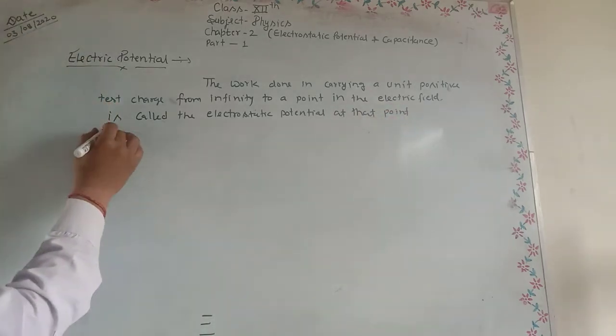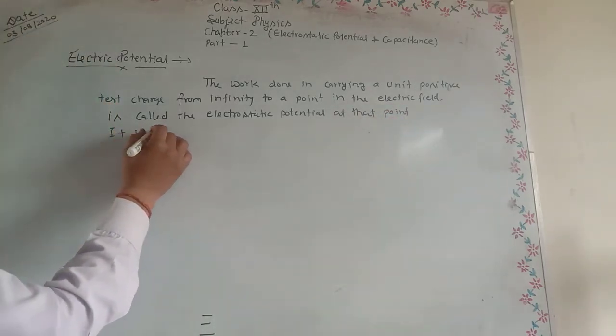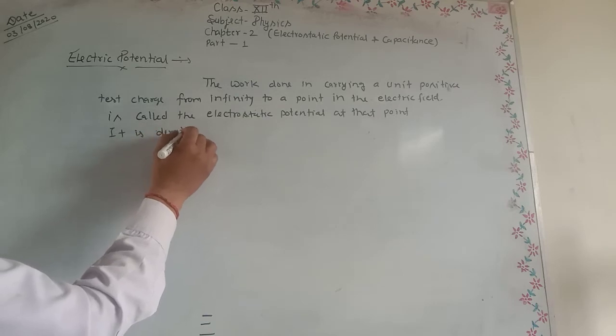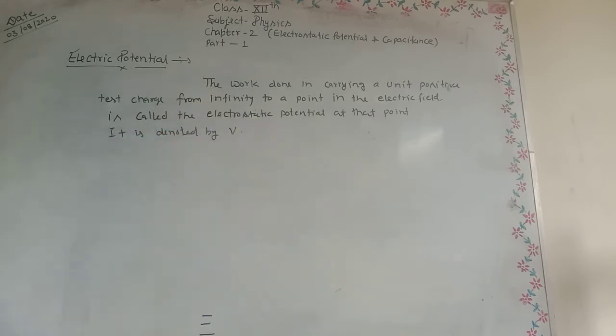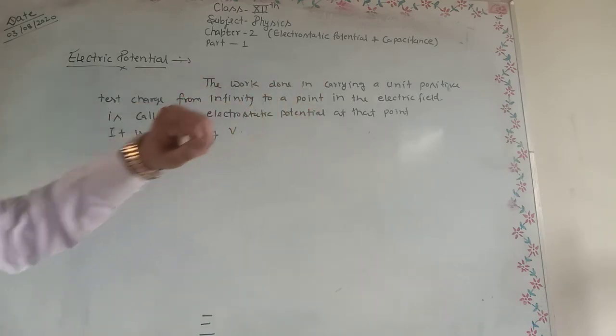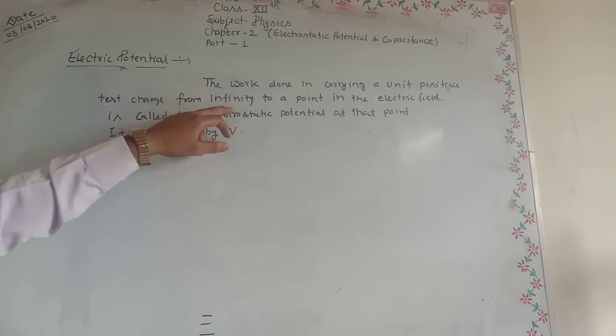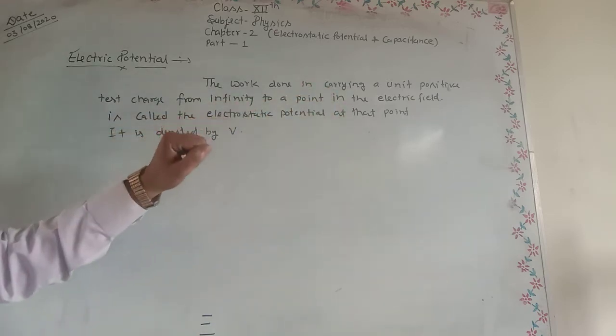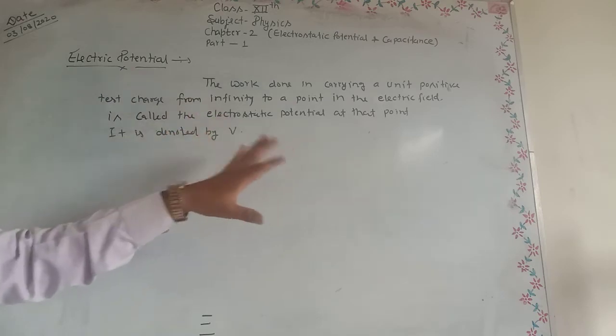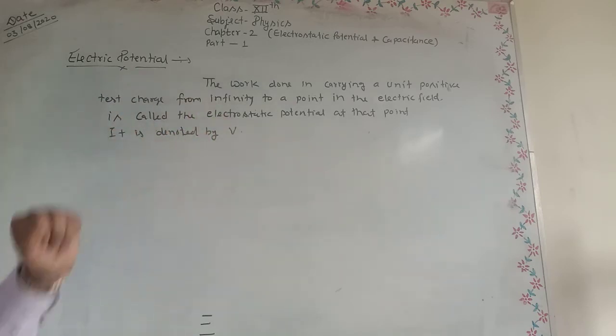It is denoted by V. Dear student, the work done in carrying a unit positive test charge from infinity to a point in the electric field is called the electrostatic potential or electric potential at that point. It is denoted by V.